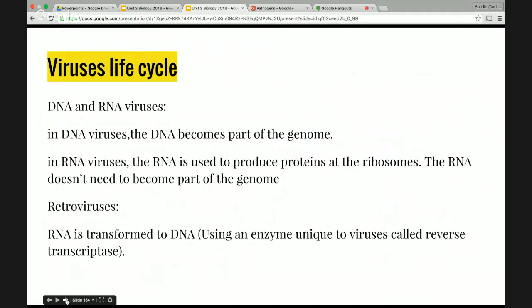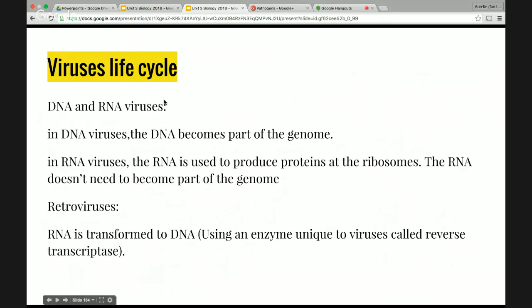Okay, so moving on, that's still viruses' life cycle. There are a few different types depending on what type of nucleic acid they've got: DNA and RNA viruses.